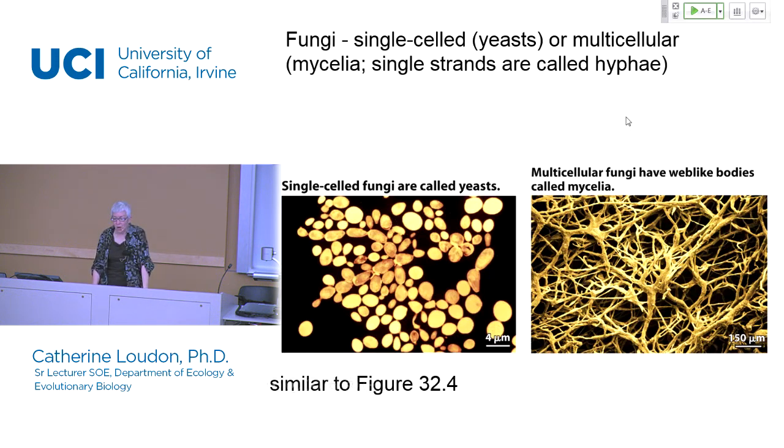Other fungi have bodies that look more like the picture on the right. This is what we saw, for example, when we were looking at the basic structure of mycorrhizal fungi associated with roots in the soil. We saw a body form that looked kind of like this, a mesh network, and that's the other kind of form.